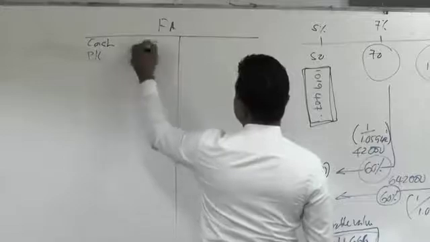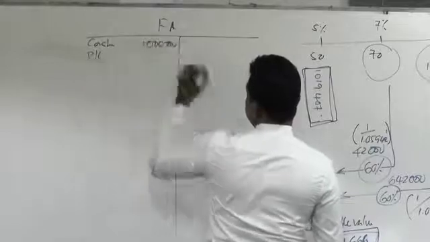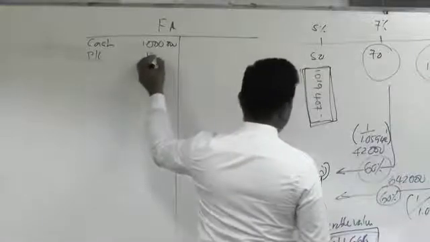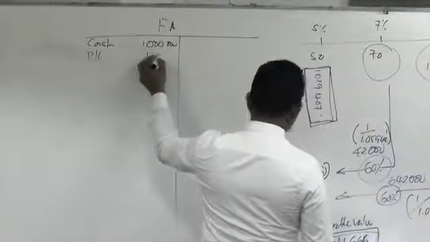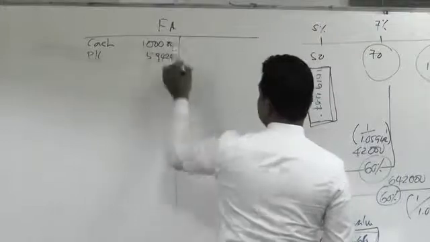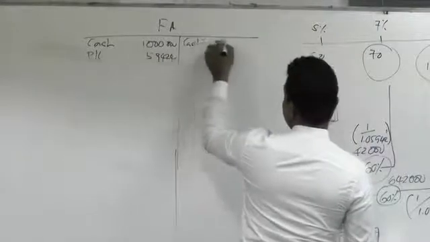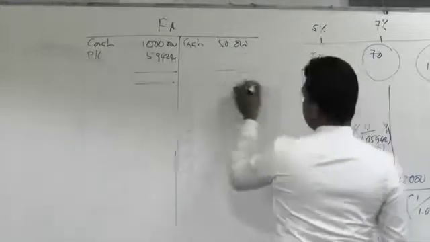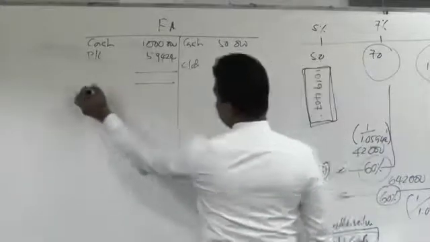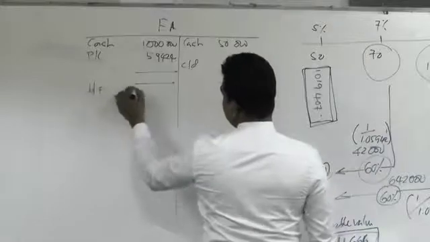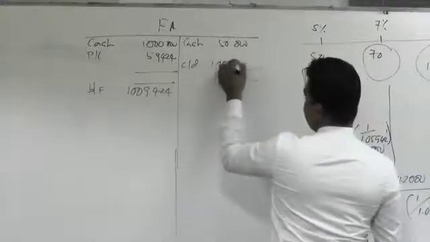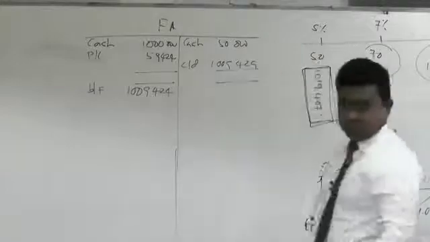You invested 1 million, recognized interest income 59,424, and collected cash in the first year 50,000. Therefore, you had a carried down value of 1,09,424. This was the first year story.